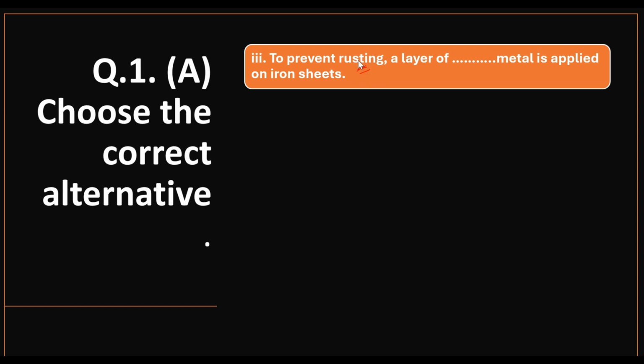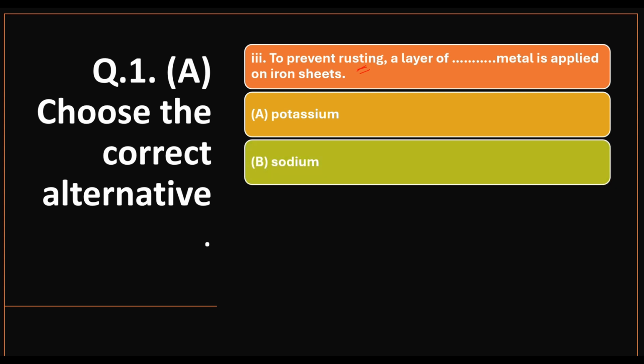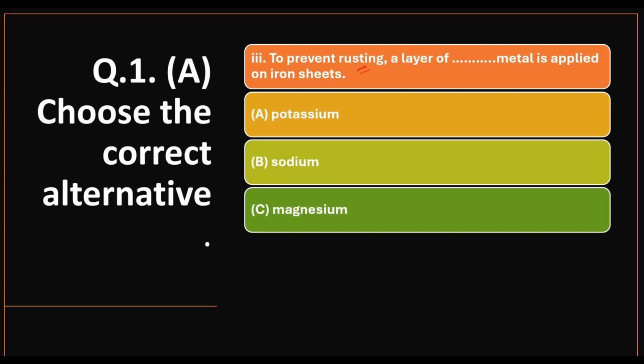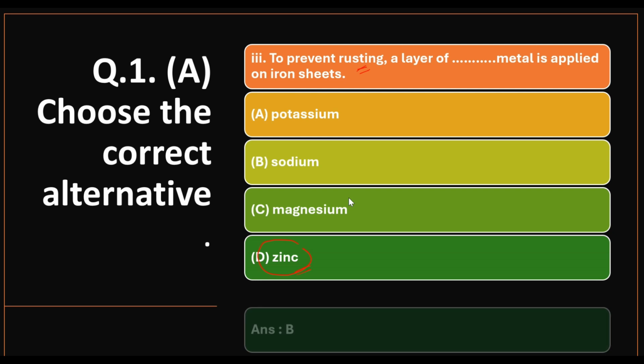So to avoid rusting, what will you do? The options are: you will apply potassium on it, sodium on it, magnesium on it, or zinc on it. Definitely we know that to prevent rusting we have a process called galvanization. So you will do galvanizing, meaning the coating of zinc.